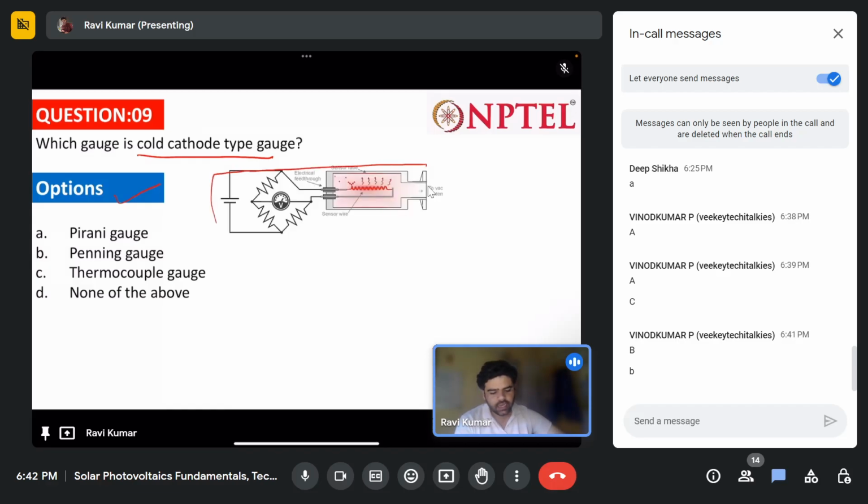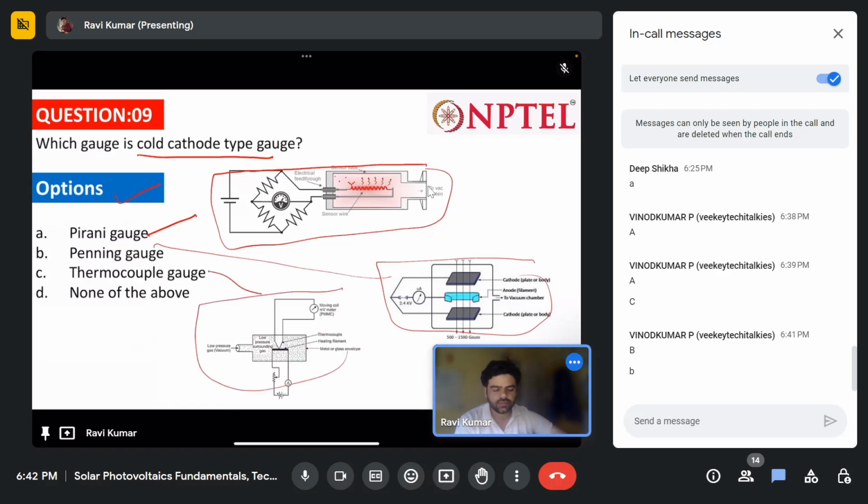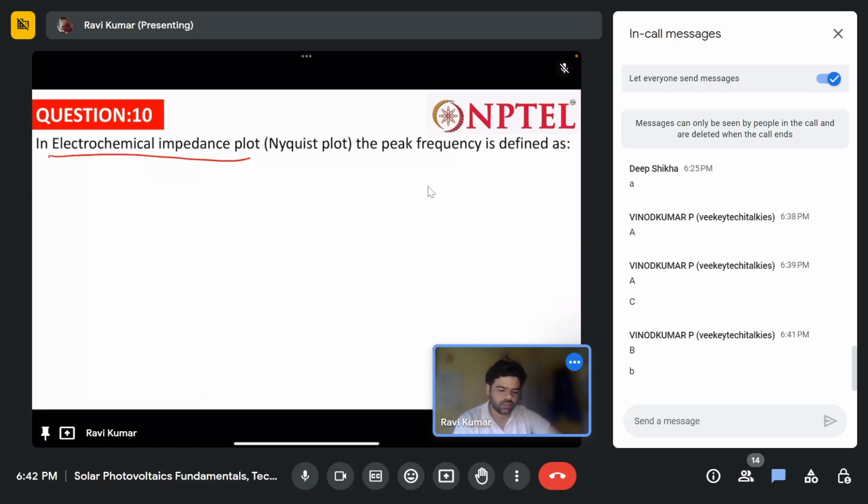This is Pirani, and this one with the cathode is Penning, and one more is based on thermocouple. It says cathode type, then we have two cathodes here, known as cold cathode type, so it is Penning. Yes, B is the answer. The next question says in electrochemical impedance plot the peak frequency is defined as.